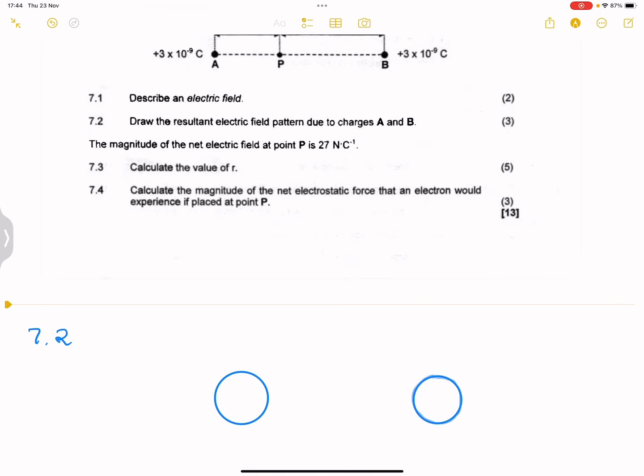I'm going to say that's A and that is B. Because both of them are positive, remember that the field lines would be moving outside of the sphere.